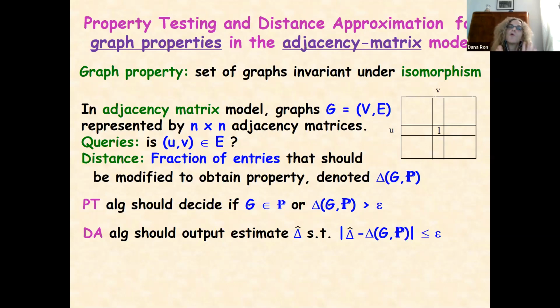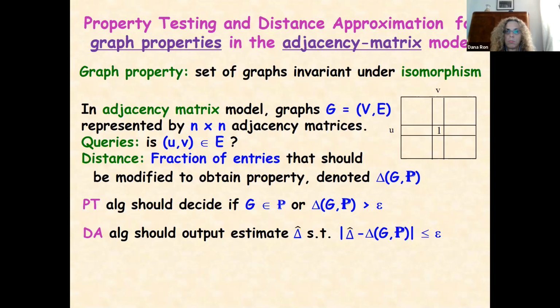In this context it will be two-sided. You can err in both directions, also if it has the property, also if it doesn't. In that sense, if you have a distance approximation algorithm, then you have a property testing algorithm with two-sided error. Okay, good.